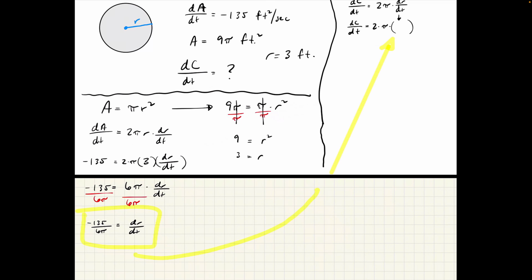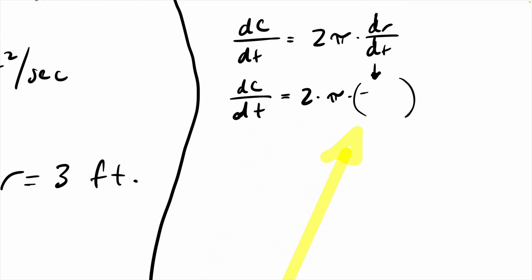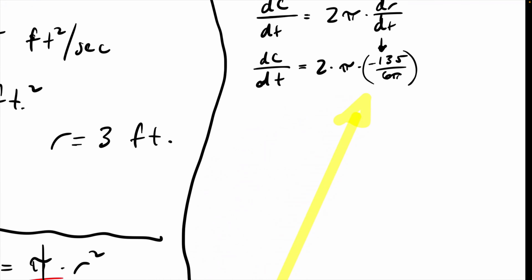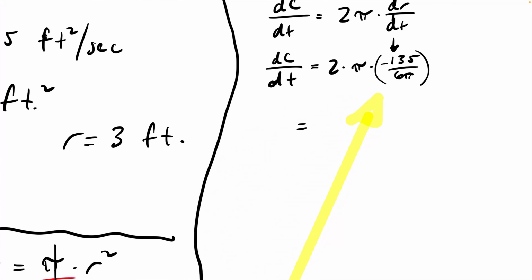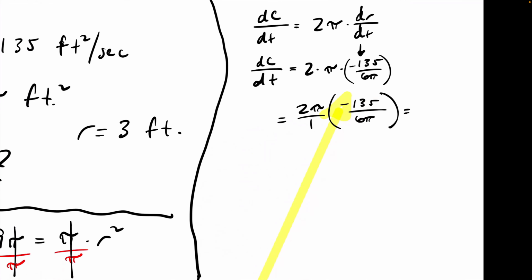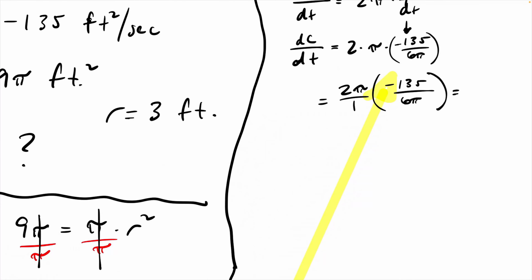So now I can put negative 135 over 6 pi up here. So I get 2 pi over 1, I should say, times negative 135 over 6 pi. The pi's cancel out. You can divide this by 2, you can divide this by 2.